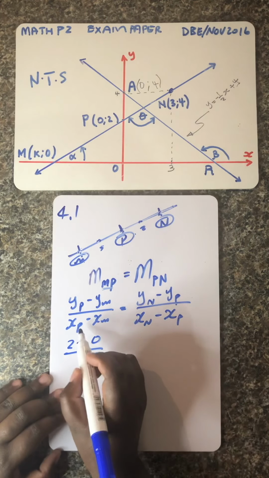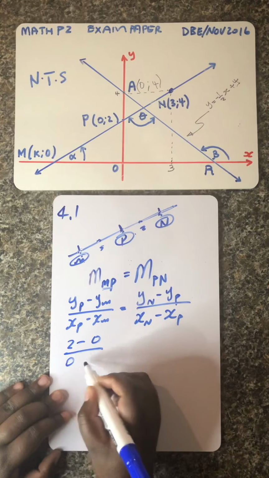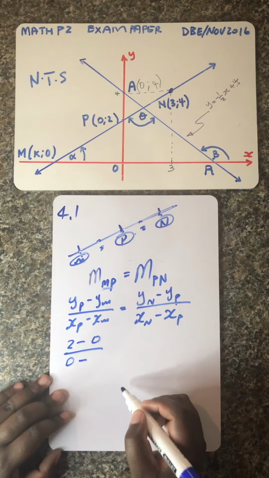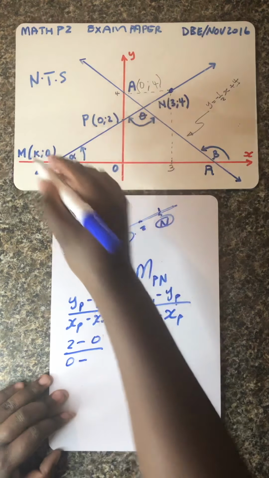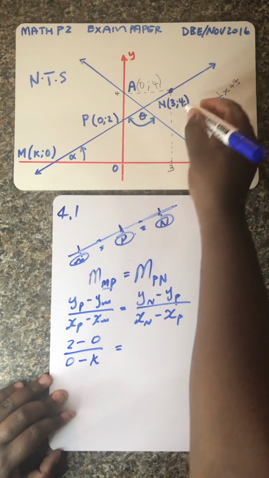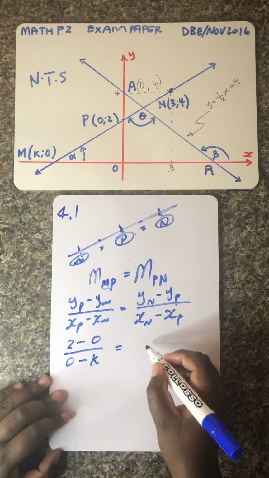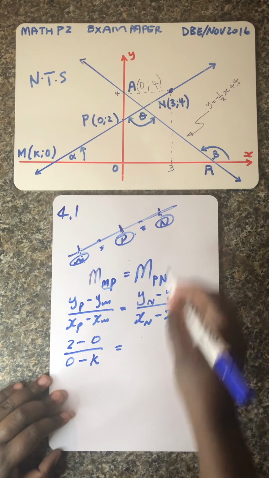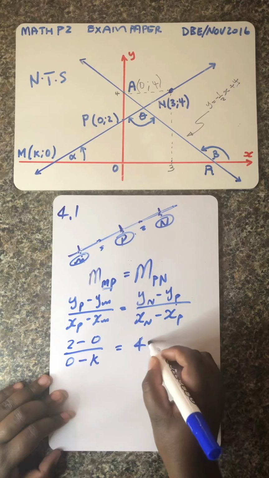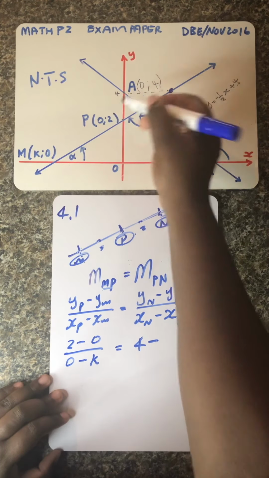So what is the x of P? Just look at P. This is the x of P, it's 0, minus what is the x of M? It's K. Which is equal to y of N, it's 4, minus what is y of P? It's 2.